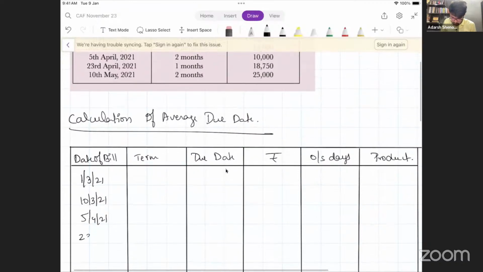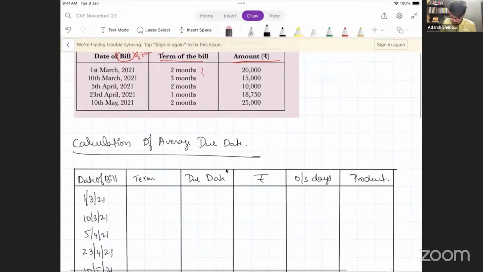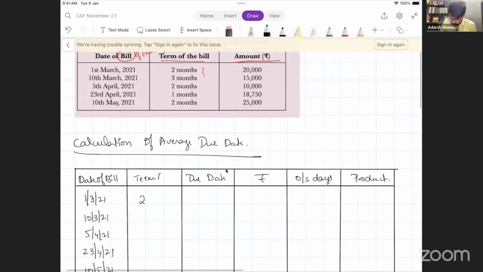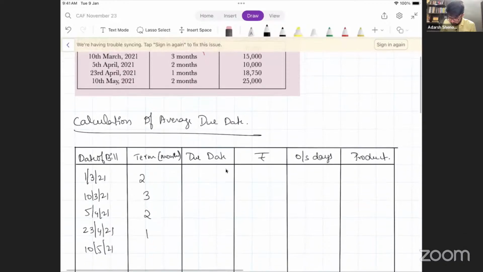Whatever is given in the question, I'm writing the same thing. 10/5/21. Term is given in months. So you can write over here months 2, 3, 2, 1, 2.